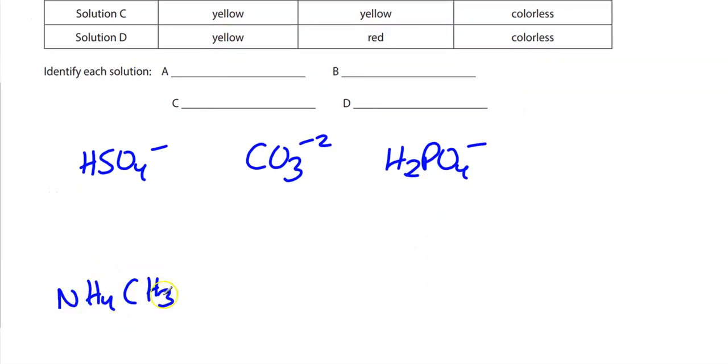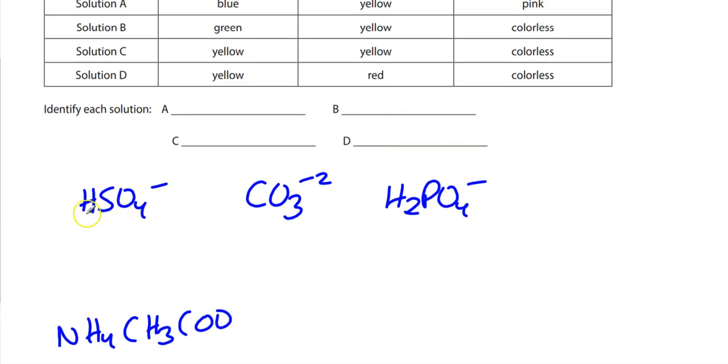NH4, CH3, COO. Okay. So HSO4 is technically amphiprotic, but remember that if it were to act like a base and become H2SO4, H2SO4 is strong. So that's actually not going to form properly. So this will behave like an acid.